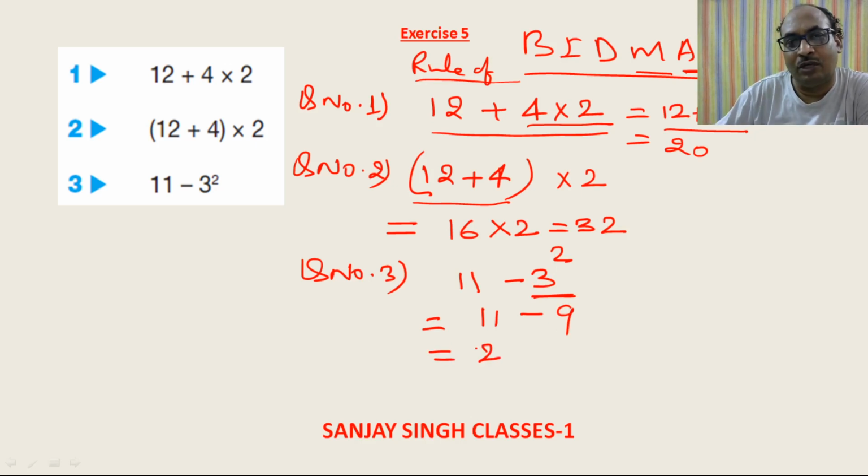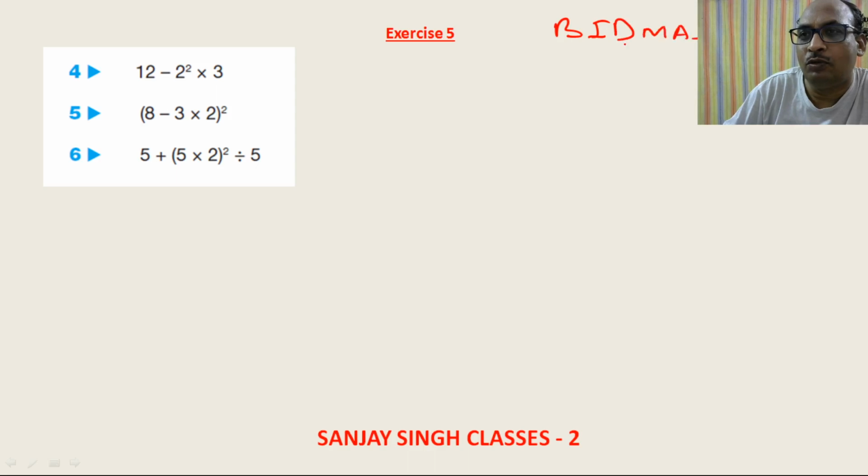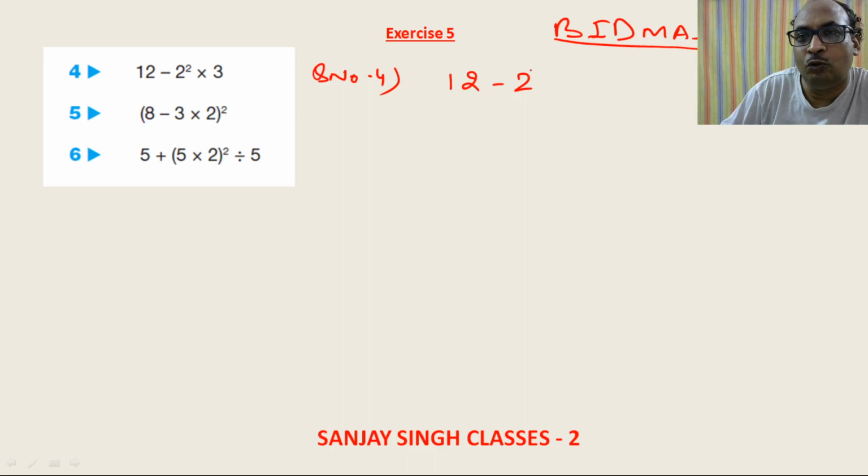Okay, let us solve the next question. The same BIDMAS rule I will be writing. Now question number 4 will be 12 minus 2 square into 3.